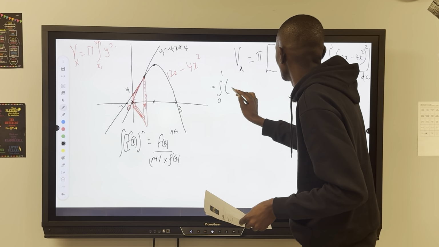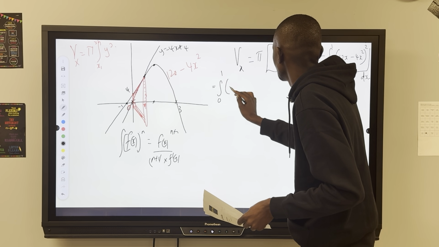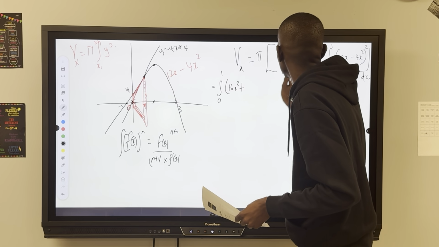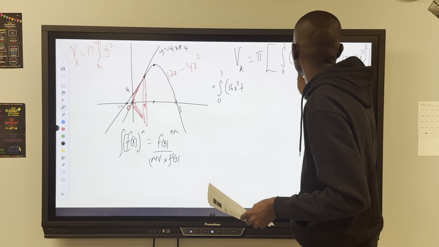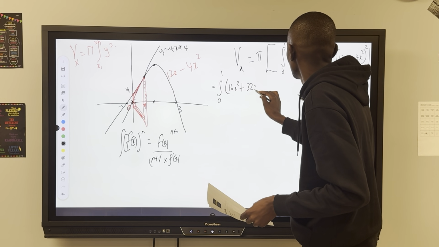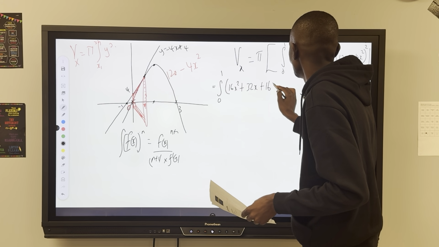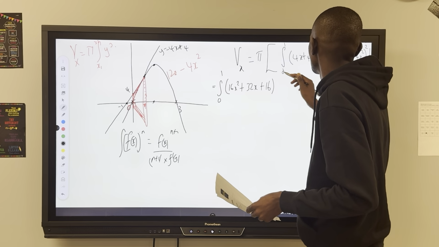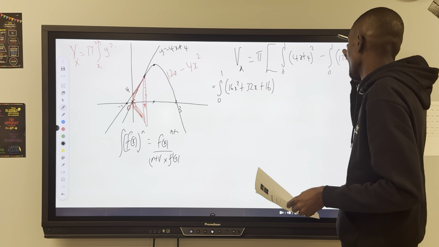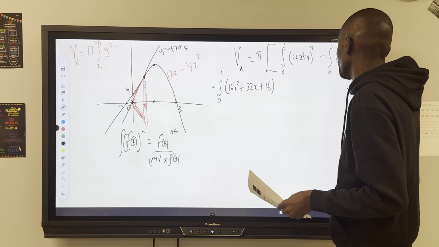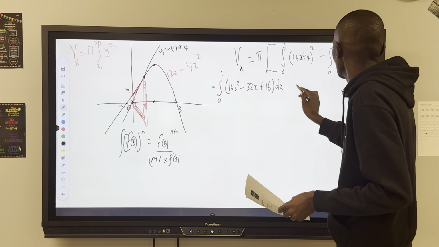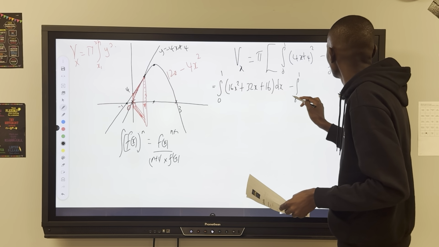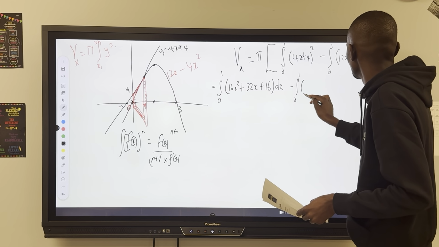If I expand that, it's 16x squared plus 2 times 4 times 4, that's 32x, plus 16, with respect to x, minus integral from 0 to 1, we are going to integrate this.